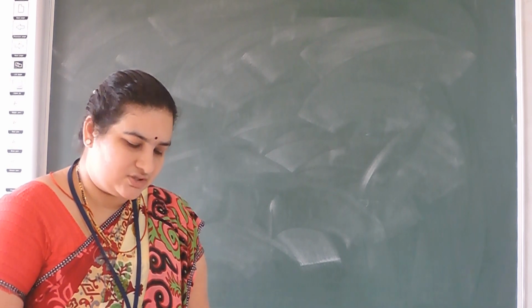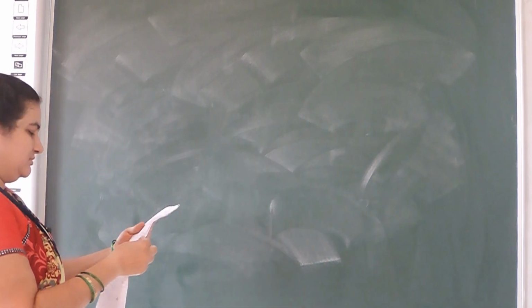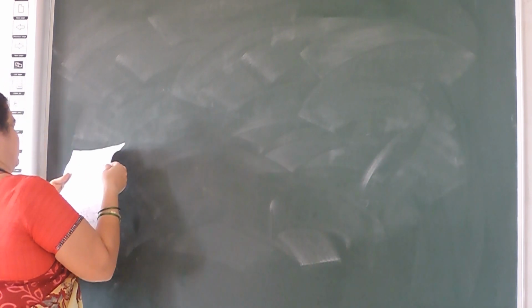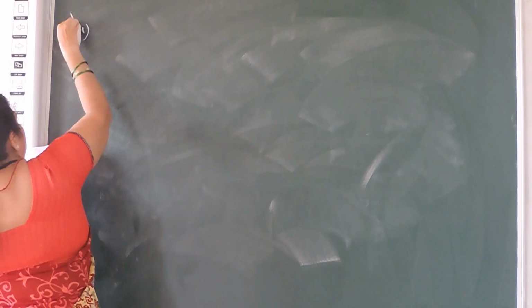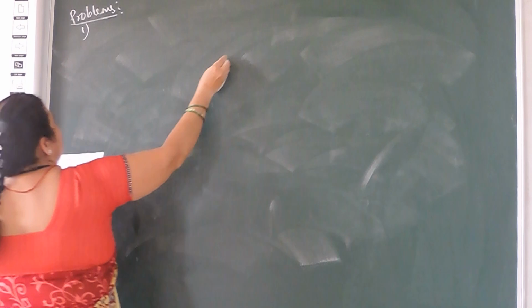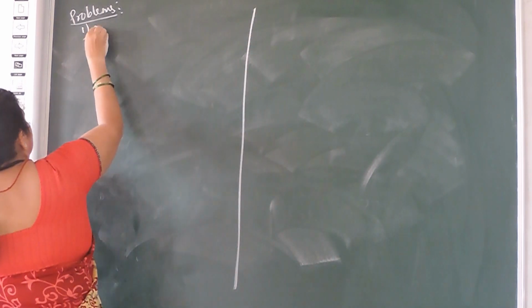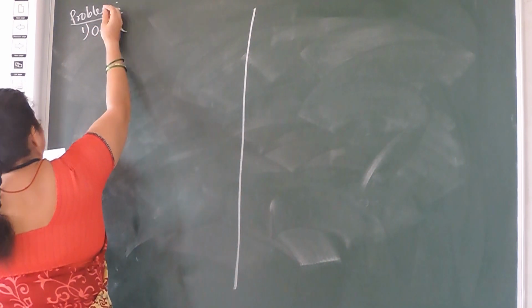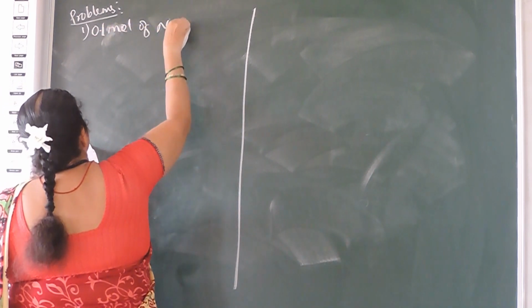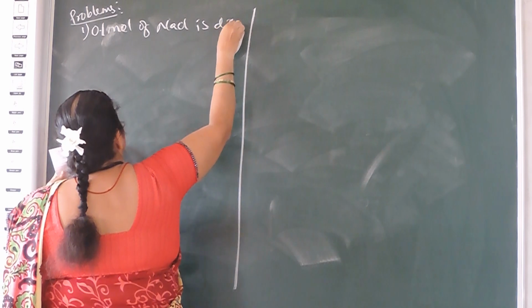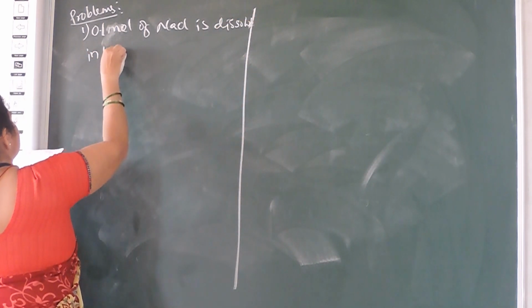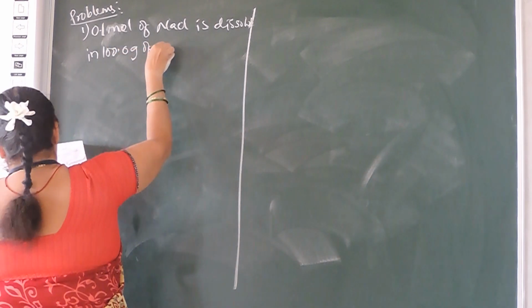So first question: 0.1 moles of NaCl is dissolved in 100.0 grams of water.